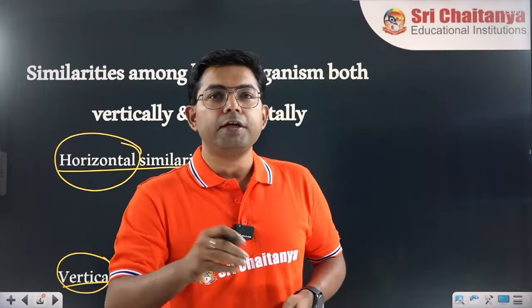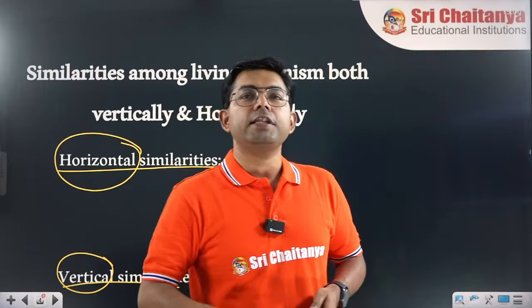No, their color may be different, their size may be different, their variety may be different. So from here we understand that similarity or difference can be within a species. When we study the similarity within the same species, it is called horizontal similarity.